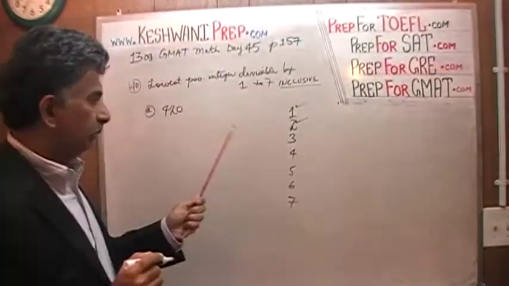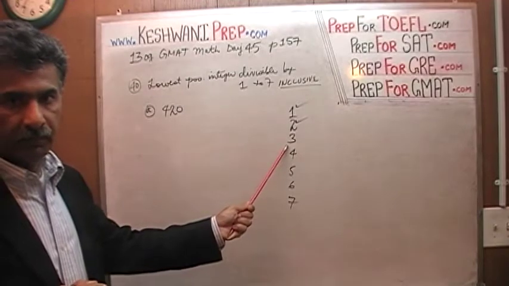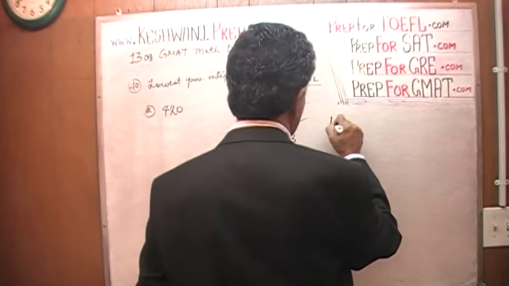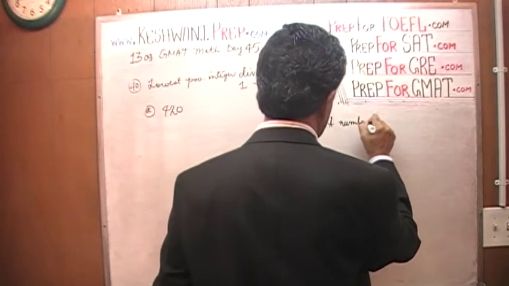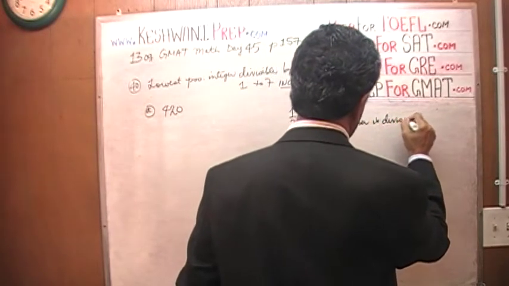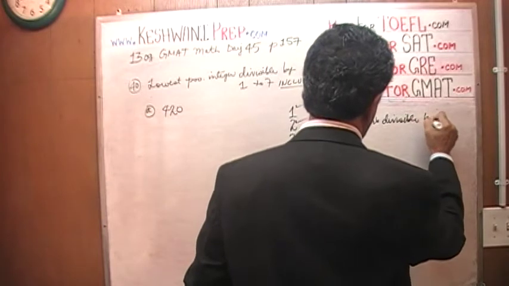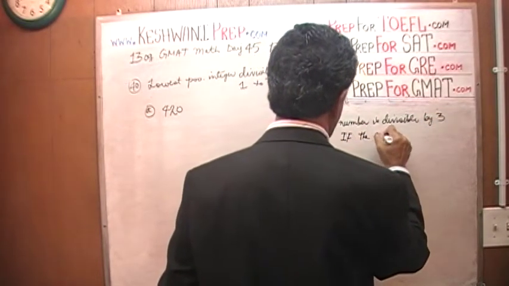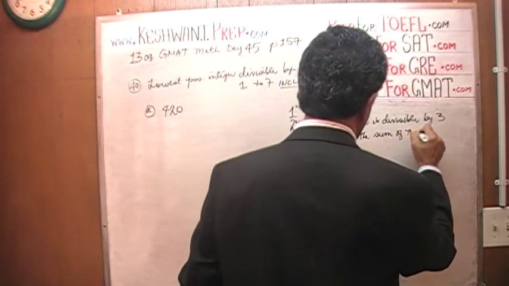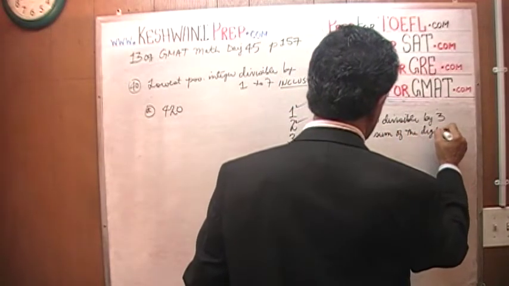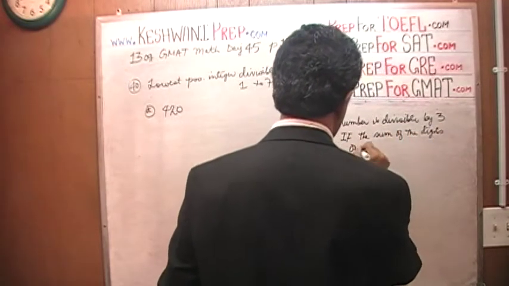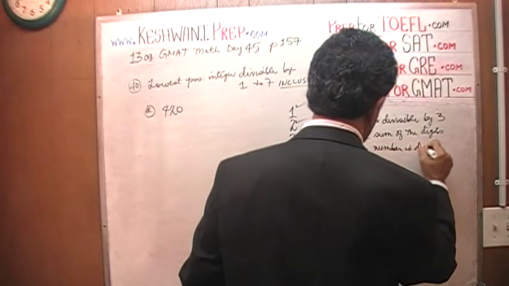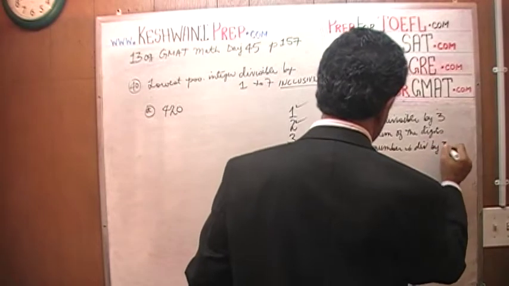How do we know if a number is divisible by 3? Very simple, we have learned this many times before. A number is divisible by 3 if the sum of the digits of the number is divisible by 3.